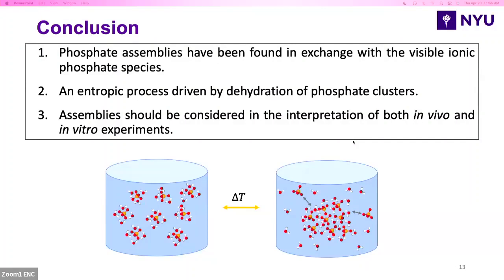And the more important thing is that our study suggests that this kind of phosphate clustering might exist in numerous phosphate-containing species at a wide range of solution conditions. Considering the ubiquity of phosphate in biological studies, we propose that such assemblies should be considered in the interpretation of both in vivo and in vitro experiments.